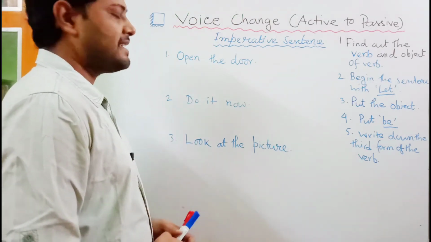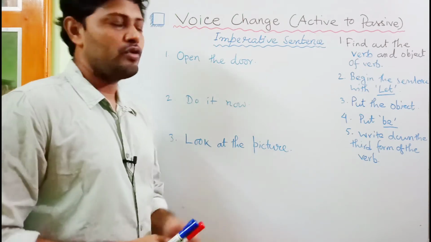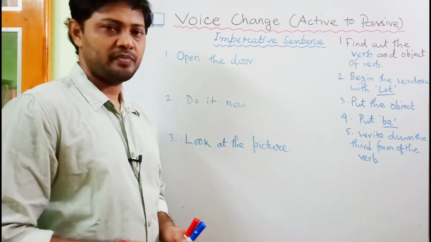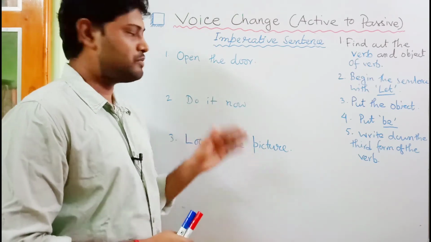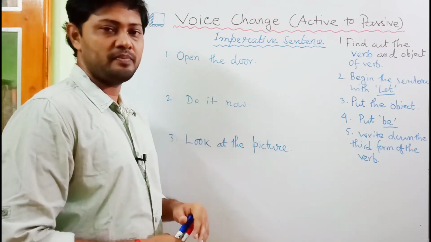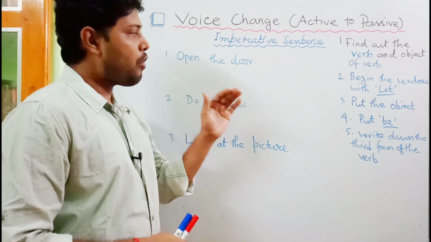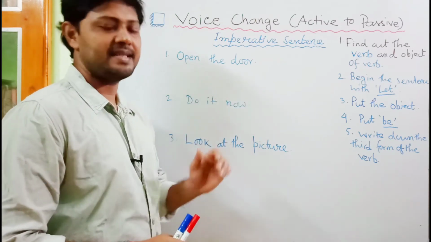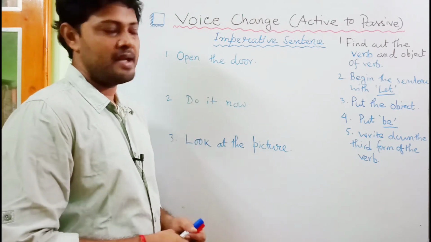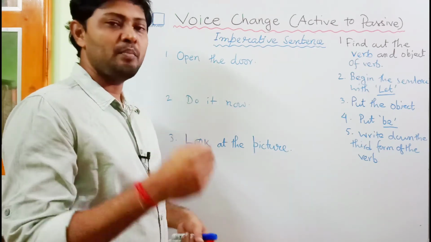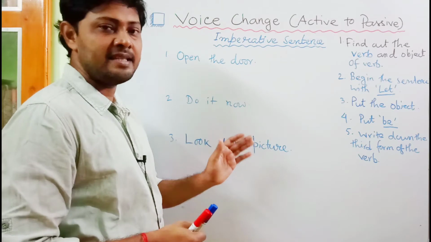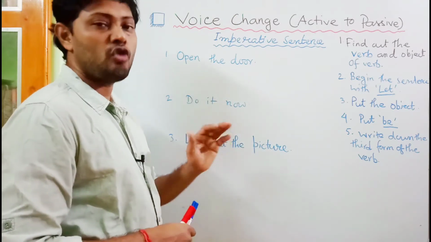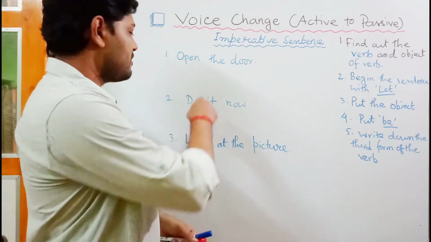In the last class, I told you that the first step of changing the voice is to find out the subject, the main verb and the object of the verb in the sentence. But we know that in an imperative sentence, the subject is most of the time not mentioned.